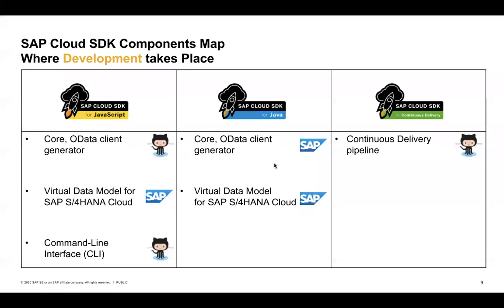So having a look at this picture, the only thing that has potential to become open source in the future is the SDK core for Java, which is here.